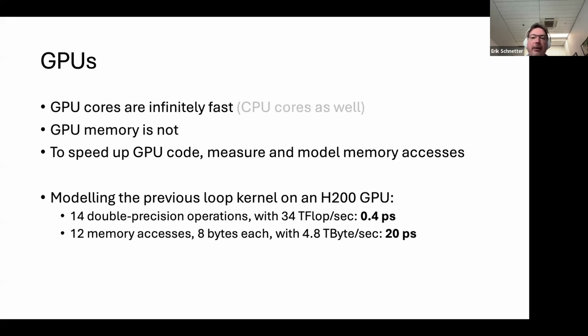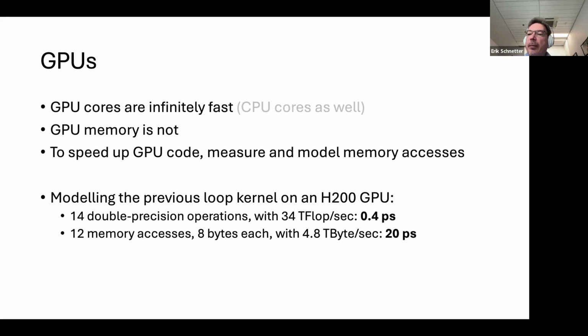Anyway, and there's another very important word here. It's right in the center of the slide. It is called measure. If you want to speed up the GPU code, don't look at the code. Measure actually what is slow. So you need to run a profiler and understand the profiler. I don't think any introduction to that is part of this meeting here, but all the supercomputing centers will offer tutorials every few months or once a year.